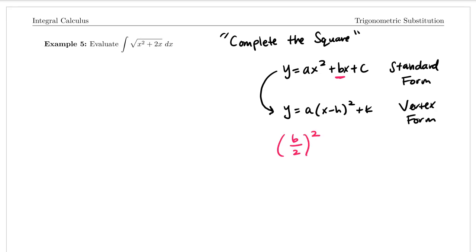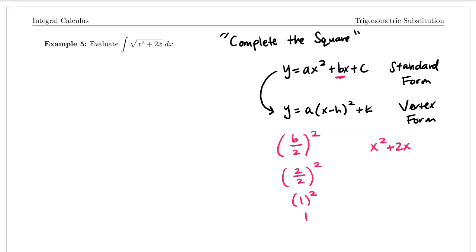So looking back at our original radicand, we have y equals x squared plus 2x, or you also don't need the y equals, so we could just write x squared plus 2x. So our b value in this case is 2, so I'm going to take 2 divided by 2 and square it, and that's equal to 1 squared, which is equal to 1.